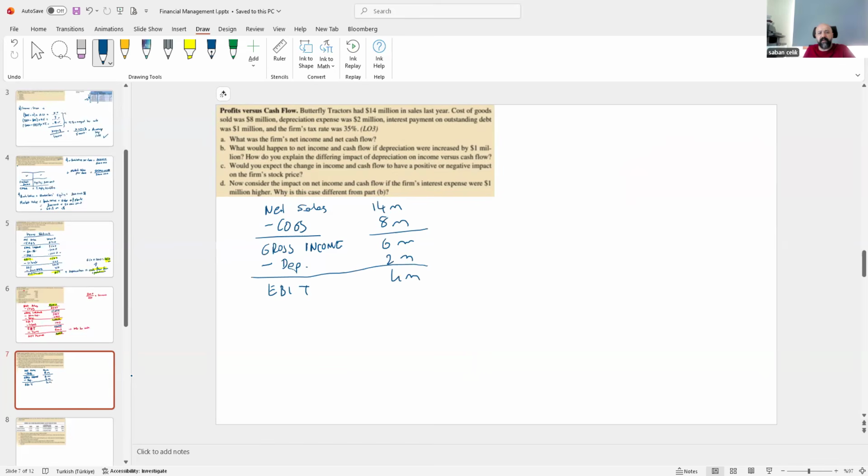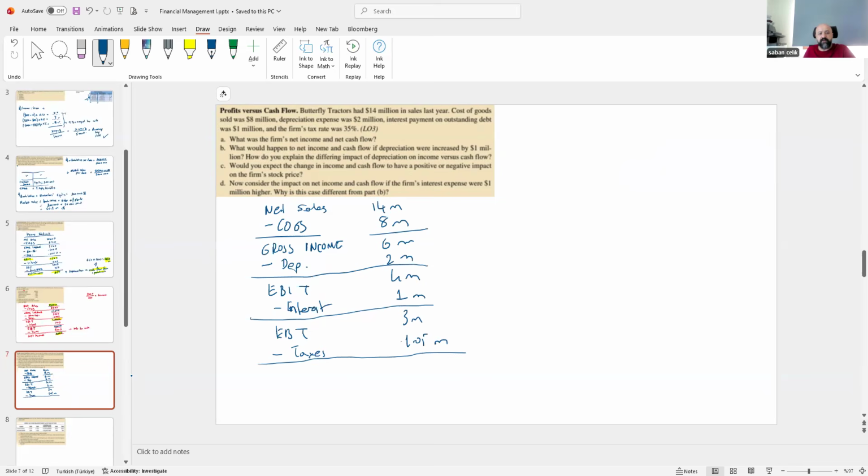And then I do have interest expense, which is 1 million, minus interest expense 1 million. This is going to be earning before taxes, which is 3 million. And then I need to calculate taxes. So taxes will be calculated based on 35%. So this is going to be 1.05 million.